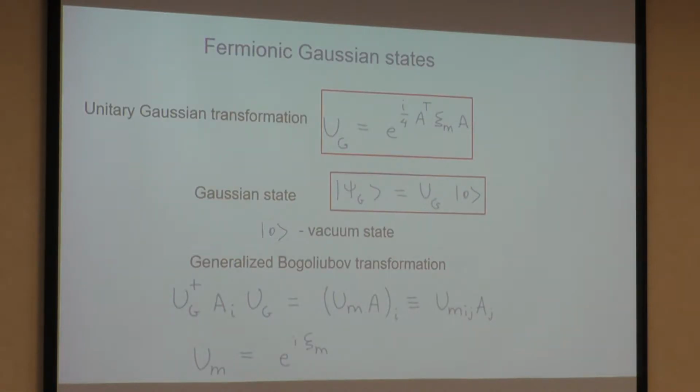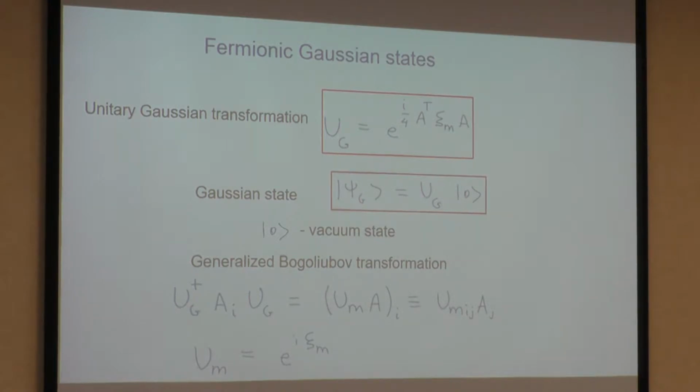Okay, so I will not go through the details of the derivation. Actually, they're very similar to what we did for bosons, just instead of the commutation relation, we need to use the anti-commutation relation. So I'll basically just state the results.